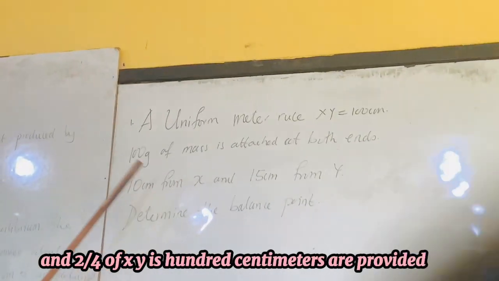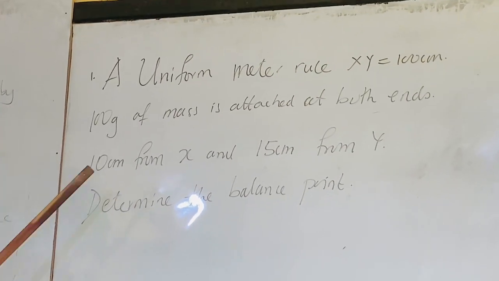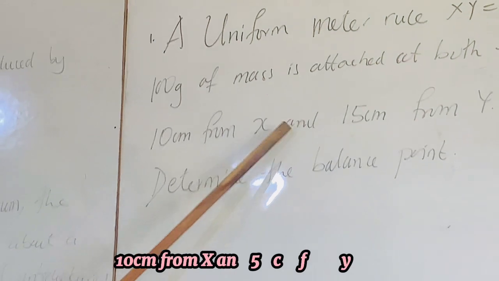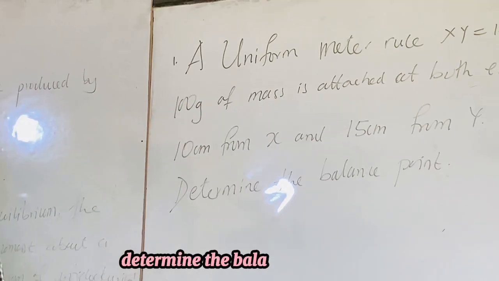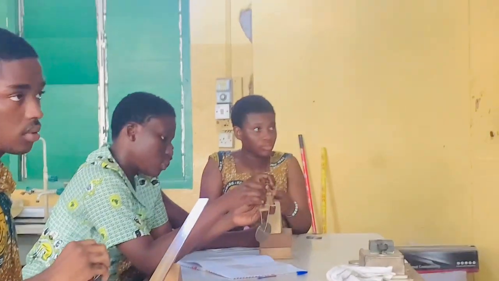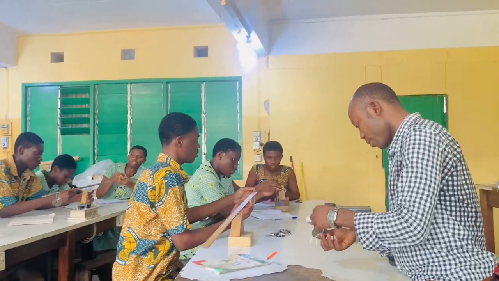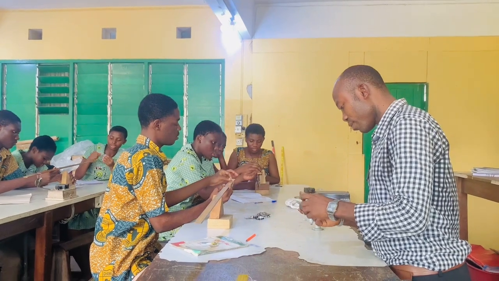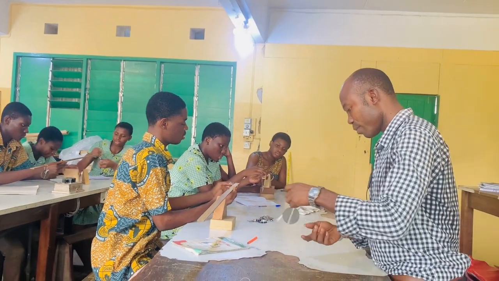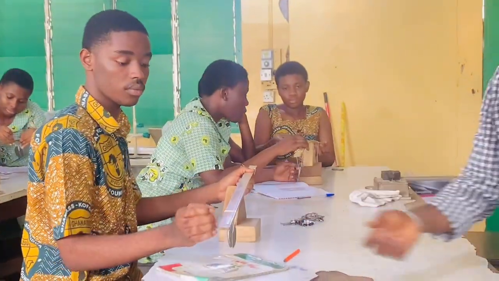You are provided with 100 grams of mass attached at each end, 10 centimeters from X and 15 centimeters from Y. Determine the balance point. Yes, start work. Balance it.